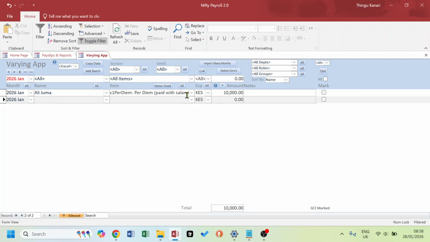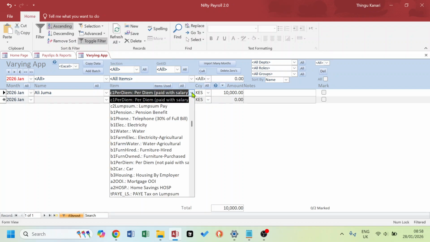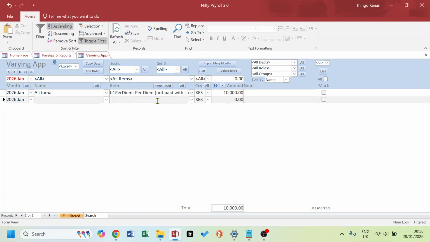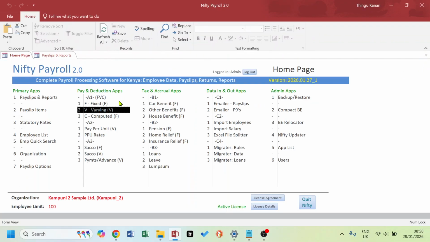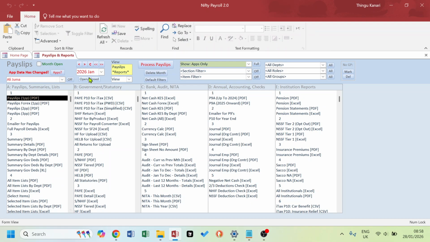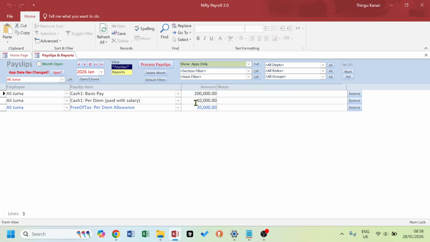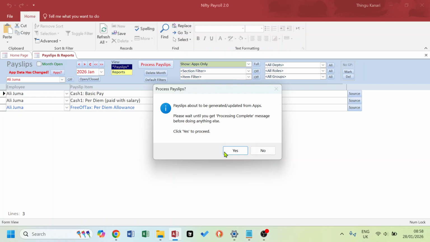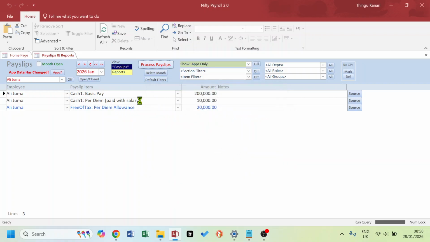But now what we want to do is only increase his taxable pay and not increase his cash through the payroll. And because he already received the money, the non-taxable bit does not come through payroll at all. So if we come back now and look at his payslip and process, these two will disappear, and what will be added now is the benefit only.